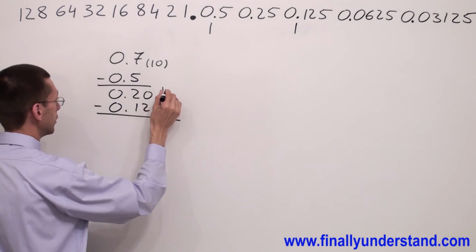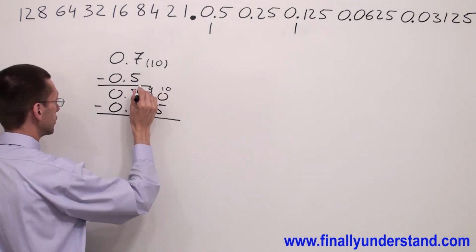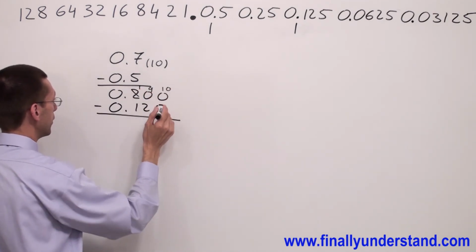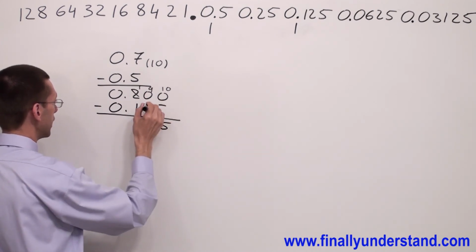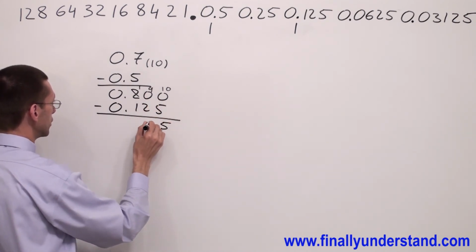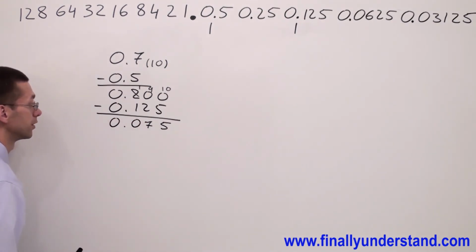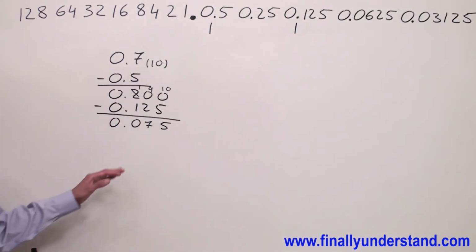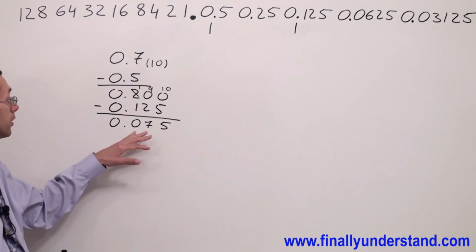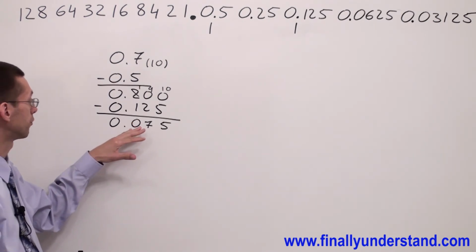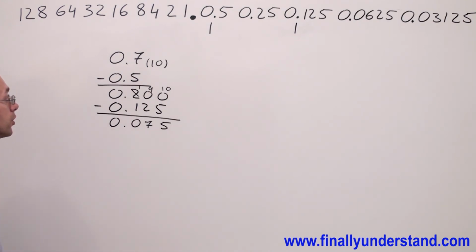I have 10, 9, this is going to be 1, 10 minus 5 is 5, 9 minus 2 is 7. I got 0.075. My question is, what is the number which I can subtract from 75 thousandths?